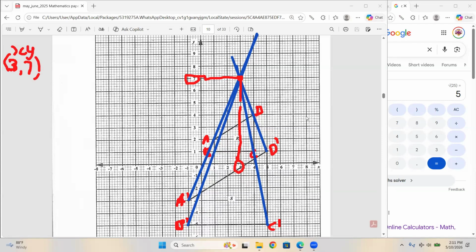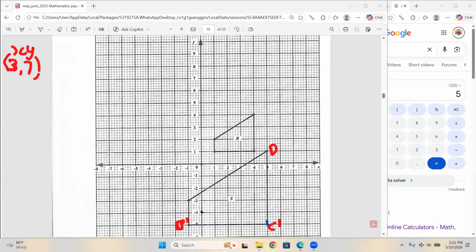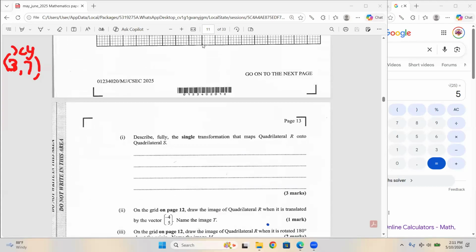So the final answer would look like this. What they want here is to describe the transformation fully.